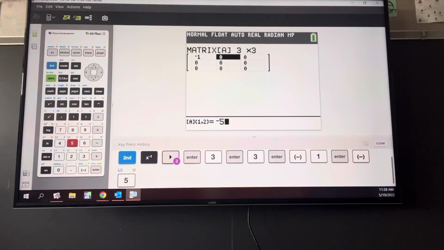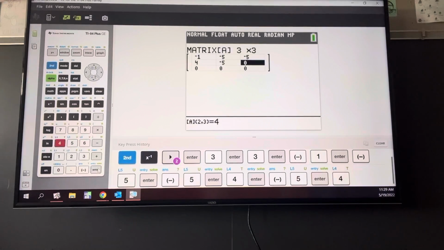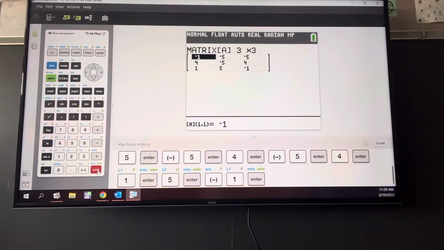Negative 5. And I've got to be careful because if I'm even off by one number or one sign, then the whole thing is wrong. All right, let me check it.